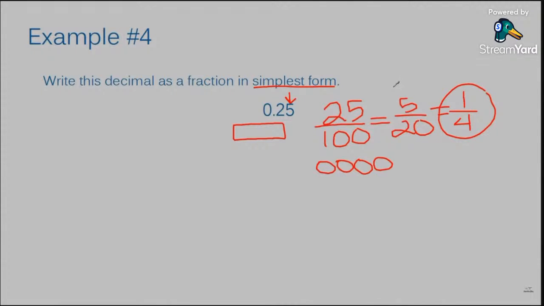Really, what I'm referring to is the greatest common factor. So 25 is a factor of 25, but 25 is also a factor of 100, and it's the greatest factor that they have in common. Okay, let's move on to example number 5.